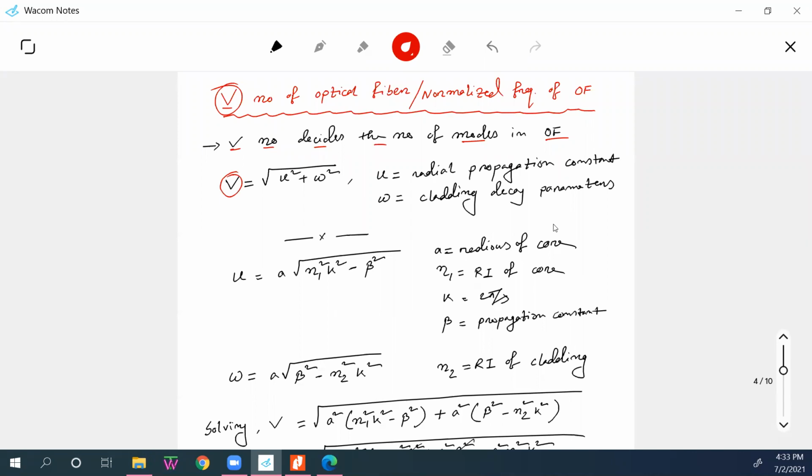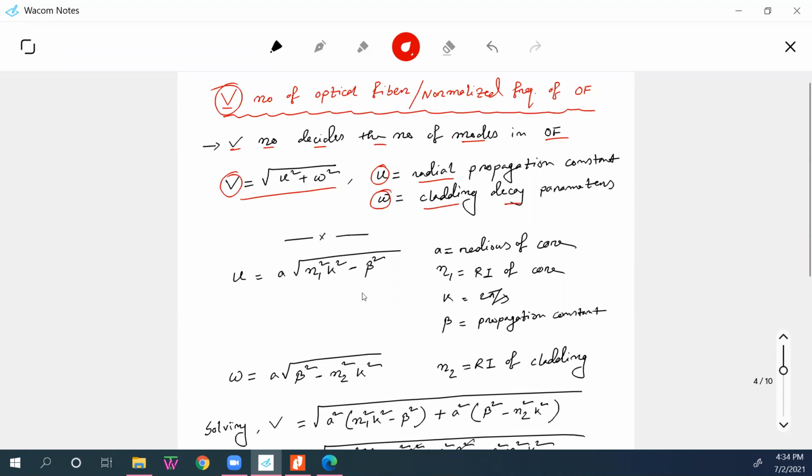Probably in your book, for this chapter we are following more the Keiser book, but neither Keiser nor our book, Agrawal, has any derivation of this V number. That's why I give it in detail here. V is expressed by this equation where U is the radial propagation constant and W is the cladding decay parameter.